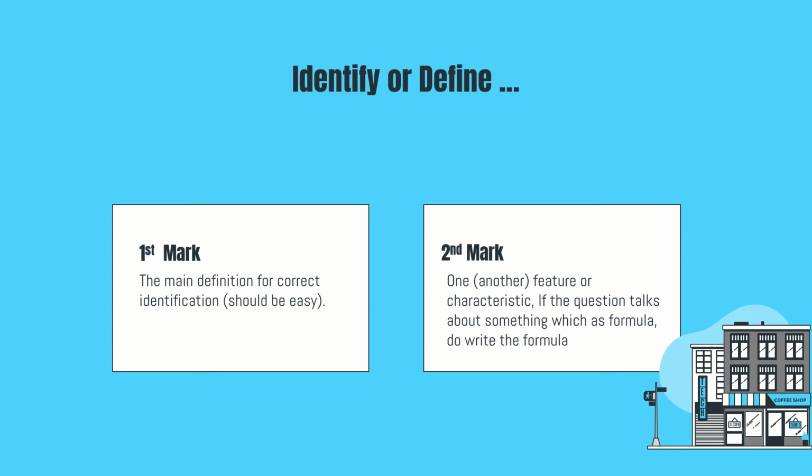We need to define what is contractual saving. Contractual saving is a type of saving that is based on a contract, and it has a regular time period and fixed amount. One more feature that you can give is that it is also influenced by interest rate. So you need to give another feature or a characteristic of the main key point.